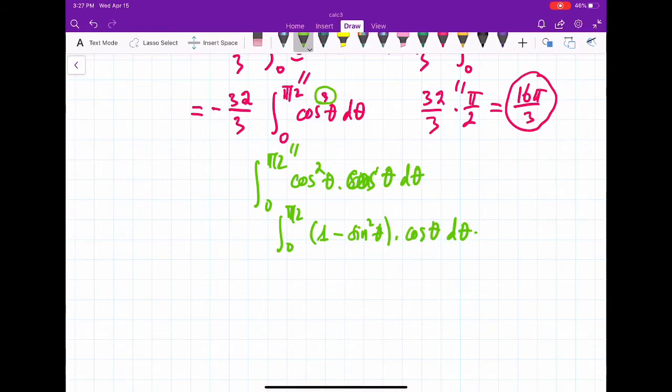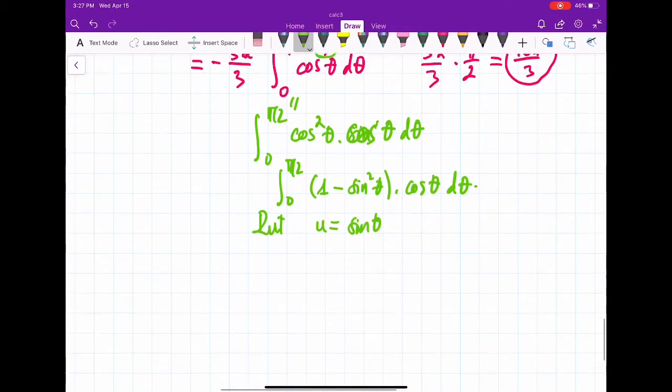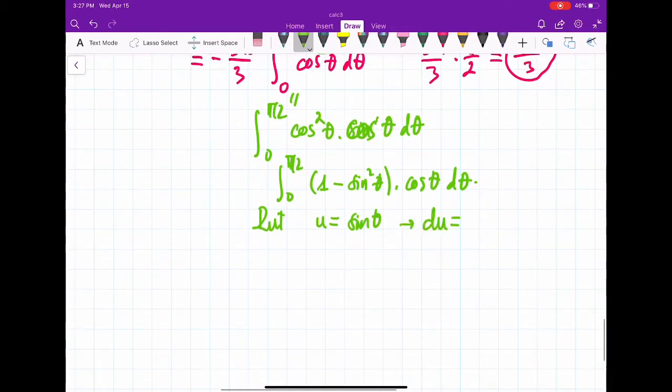And we need to do substitution. I put u equal to sine theta, and I have du equal to cosine of theta d theta. You see, we have this combination right here. And if you want, you can change the integration limits: when theta equals 0, u is just 0.